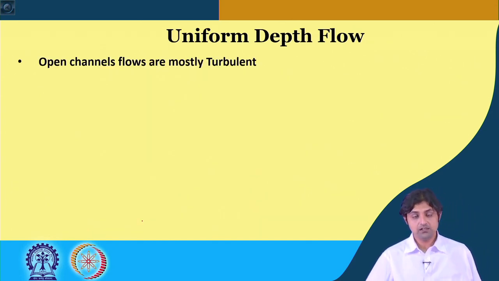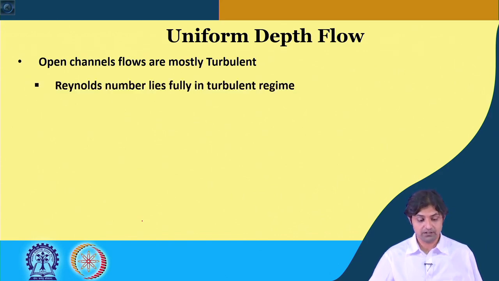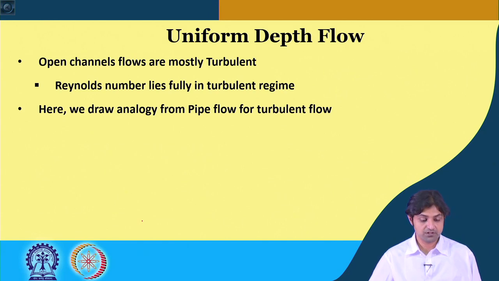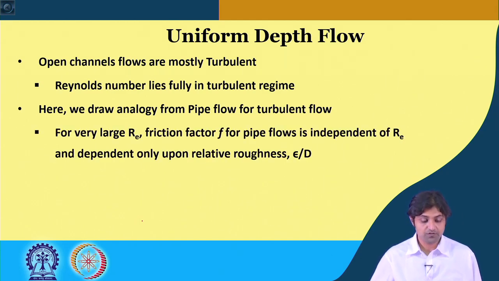So, open channels are actually mostly turbulent, and the Reynolds number lies fully in the turbulent regime. So, here we are going to see the analogy from the pipe flow, which we will actually study as well.